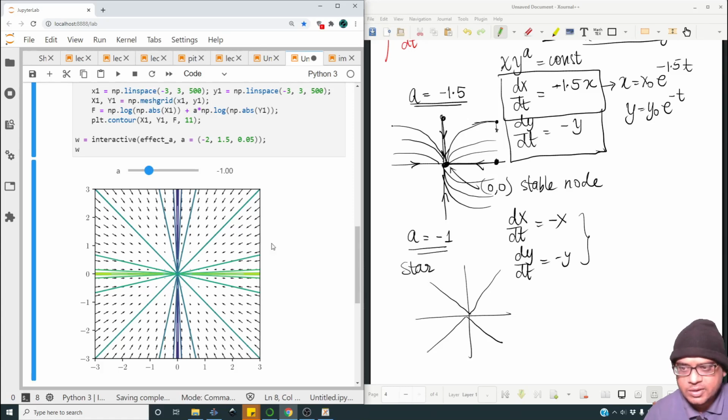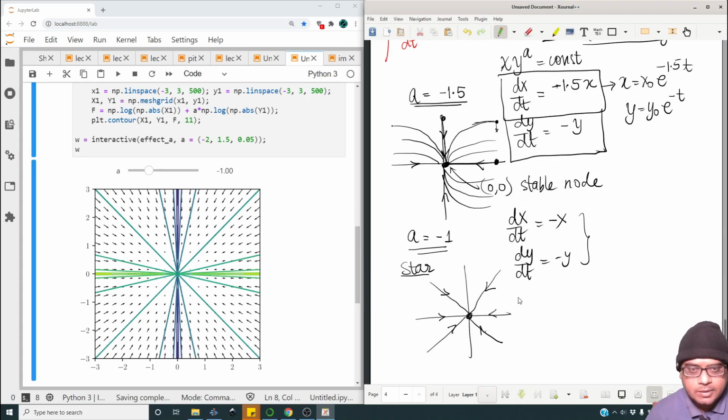You can do it when you have time. So this becomes a star. This means all the points in space are attracted towards the origin with an equal magnitude. So x is also reducing, y is also reducing. Over here, x was reducing faster than y, but here it is all attracting. So the fixed point is called as a star. It's also a stable fixed point.